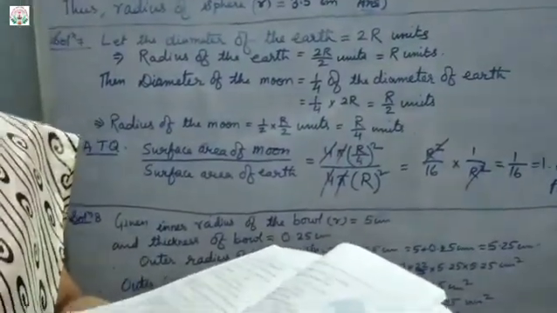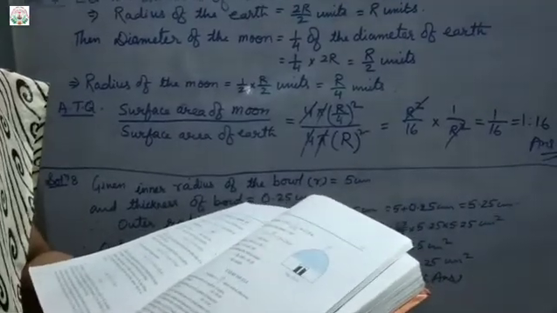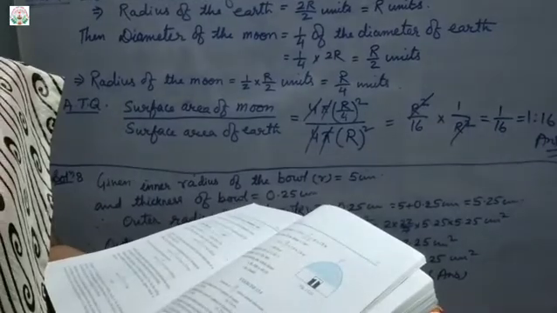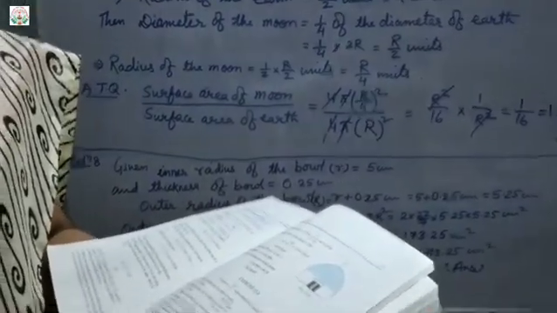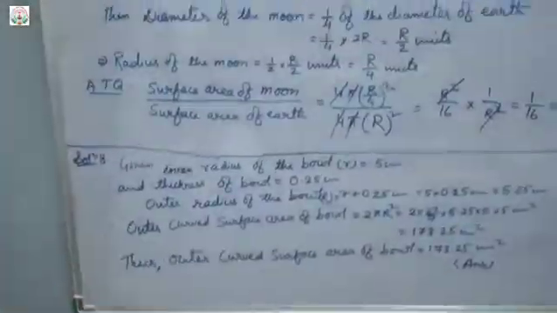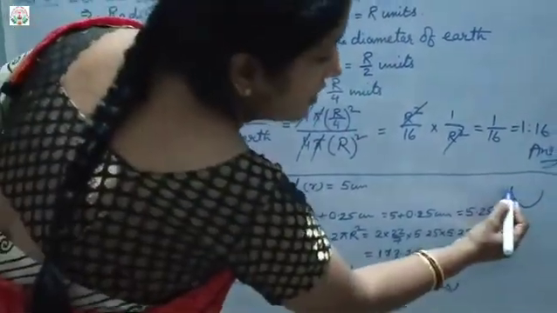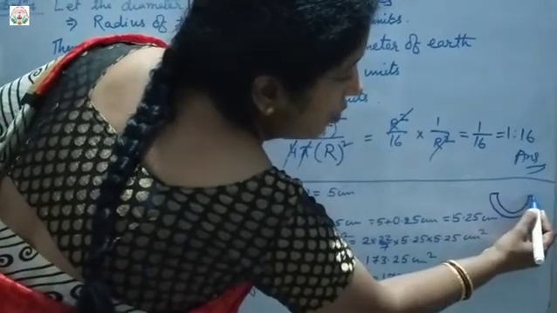The hemispherical bowl is made up of steel, 0.25 centimeter thick. The inner radius of the bowl is 5 cm. Find the outer surface area of the bowl. Now you can see this is a hemispherical bowl. It has a thickness, you can see like this the bowl is made.